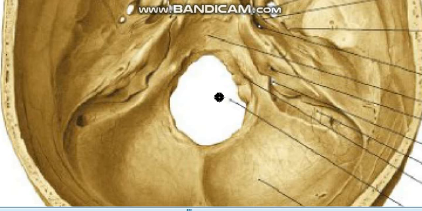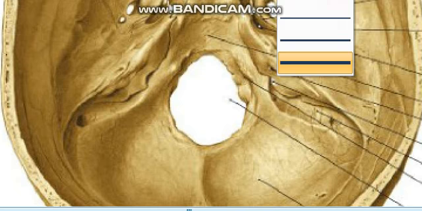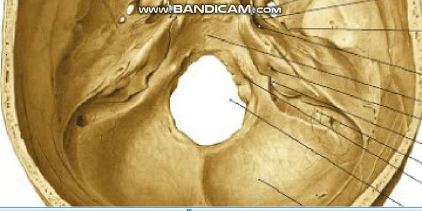Now let us tackle the foramen magnum first. It is totally contained within the occipital bone, and it is oval, narrow in front and broader behind.